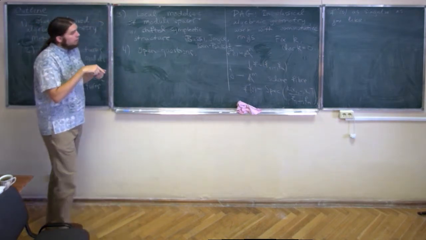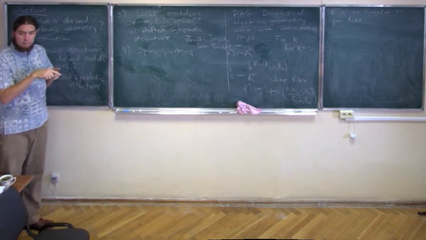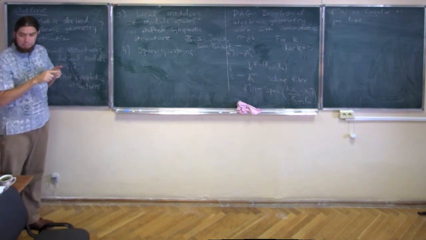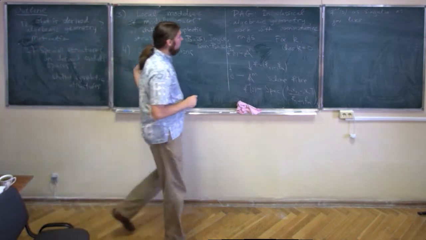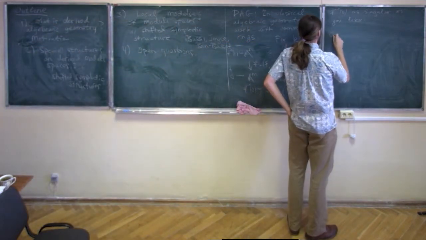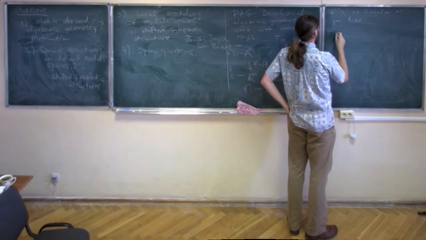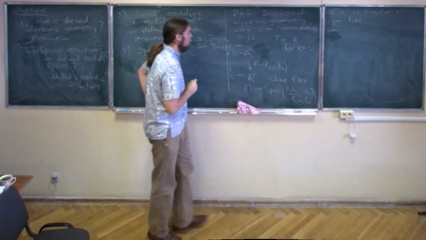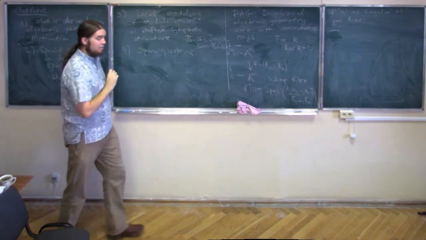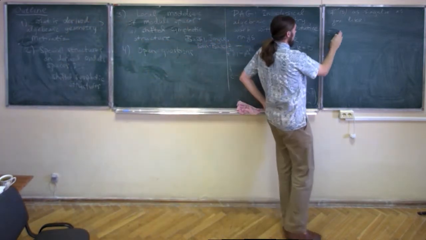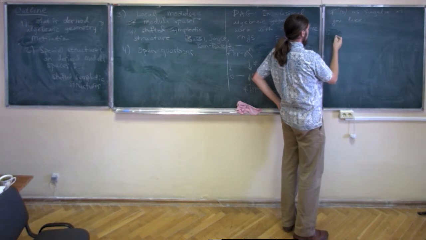But you can look at higher versions of the tangent space as well. There's something called the tangent complex. Maybe I'm jumping ahead. Let me just say this. This can be as singular as you like. And I'm not going to define the tangent complex yet. I'll do this in a minute.